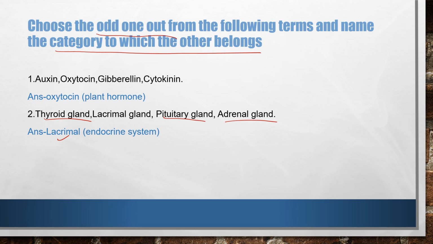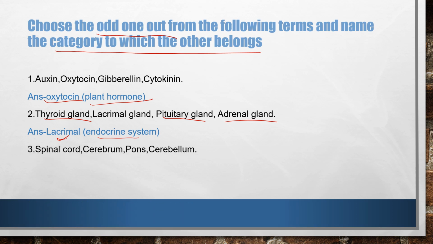So if you have not gone through the previous videos also, I'll be putting the link in the description box as well as in the eye above. So go through them so that whatever sequential revision we are doing, you should do it properly to get good marks. So the previous one was oxytocin and the others are plant hormones. This one is the lacrimal gland and the other 3 are the endocrine system glands.